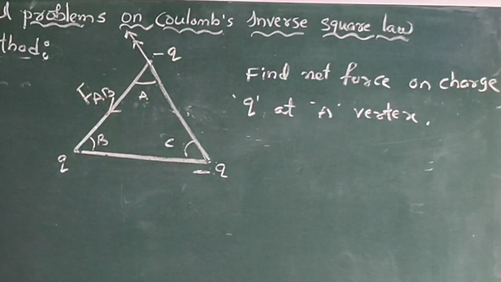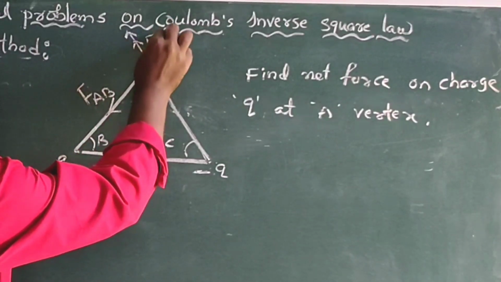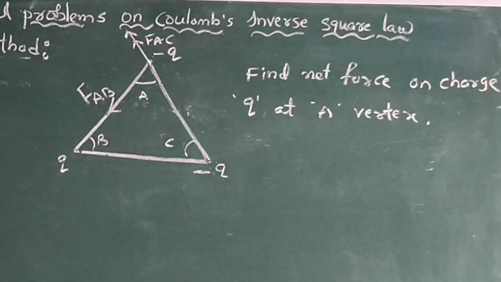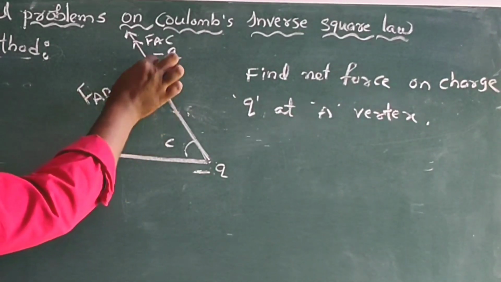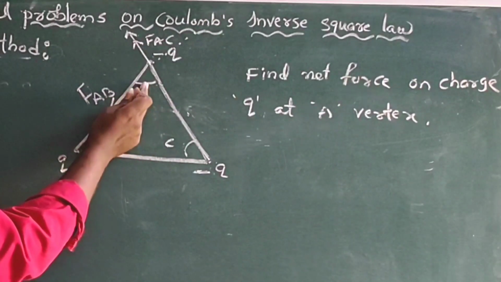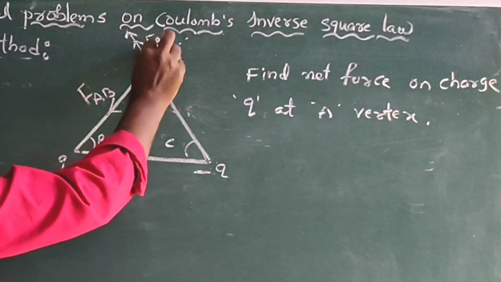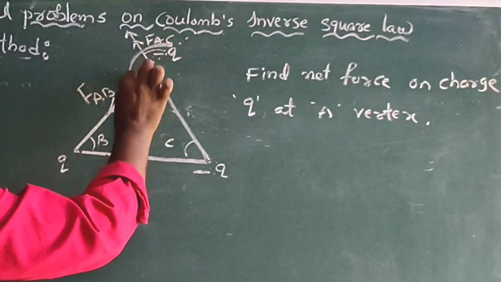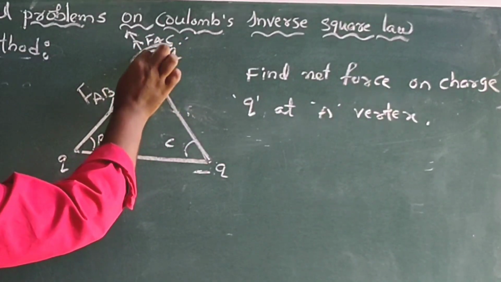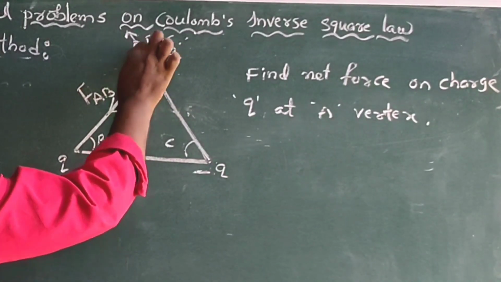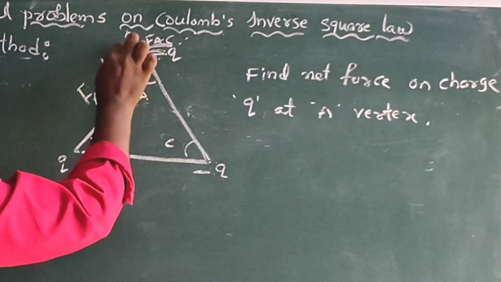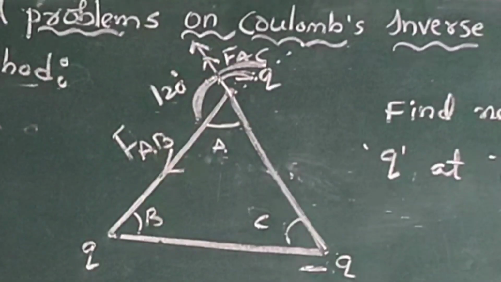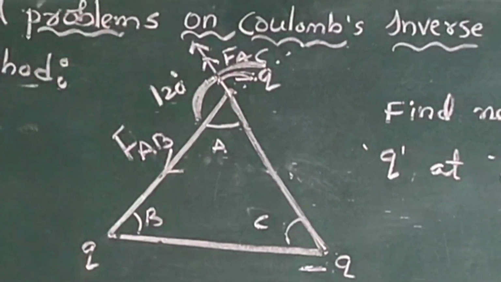That is FAC, which indicates the force on charge A due to the charge C. Now here, this angle is 60, this angle is also 60, and this is completely 180 degrees, so the remaining value here is 120 degrees. So the angle between the FAB and FAC force vectors is 120 degrees.